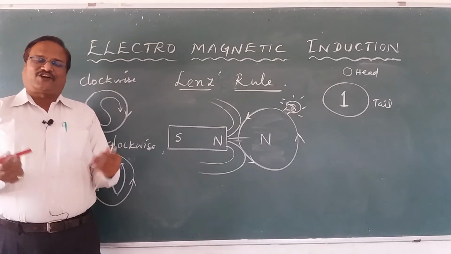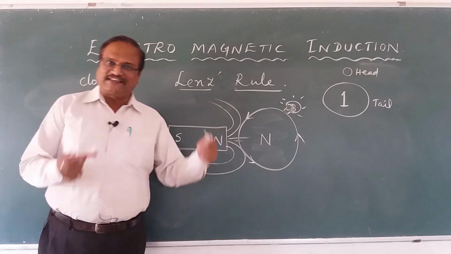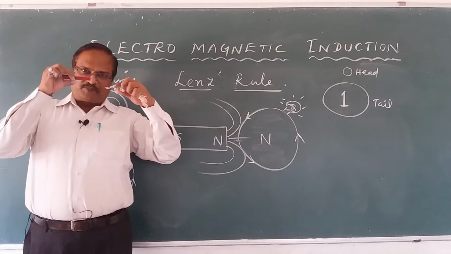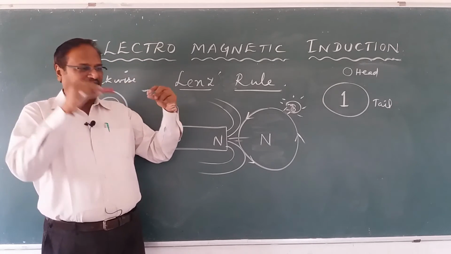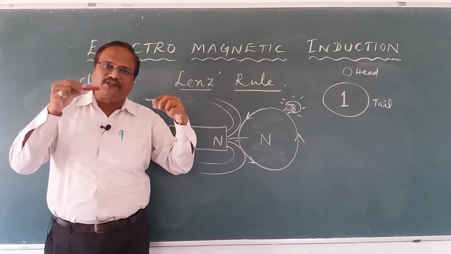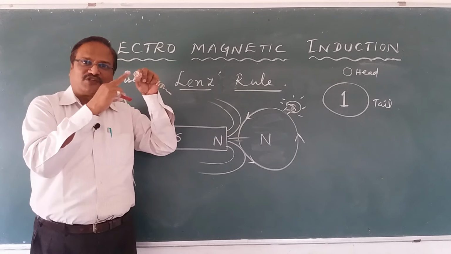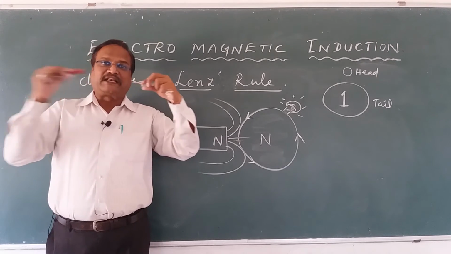Do you understand what I am saying? See, according to Lenz rule, it has to oppose, and it is opposing. Suppose I take the south pole and bring it to this part. What will happen when the south pole is coming? This part has to become south pole, then only south pole and south pole will repel.